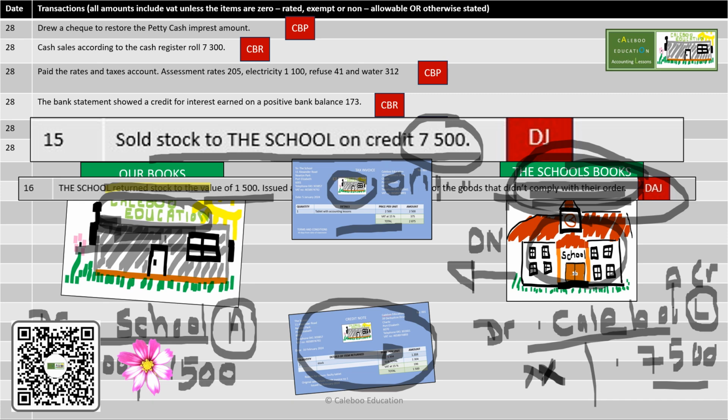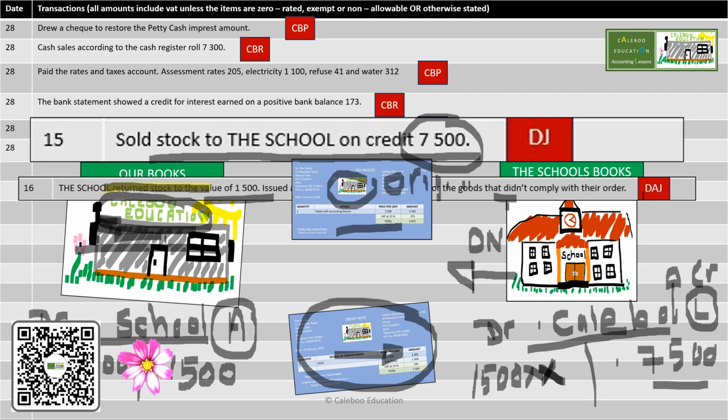And what will happen in the school's books? In the school's books, the account will be debited. And when that is balanced, the amount owed to Calibre Education is 6,000.